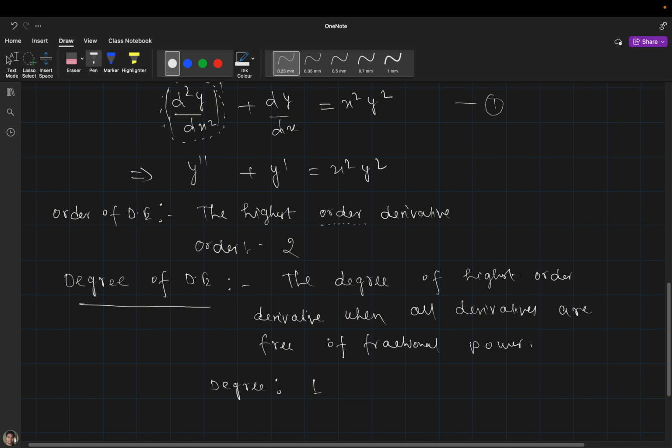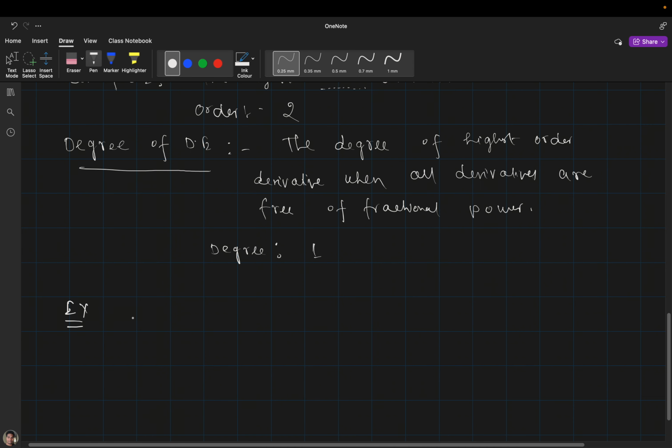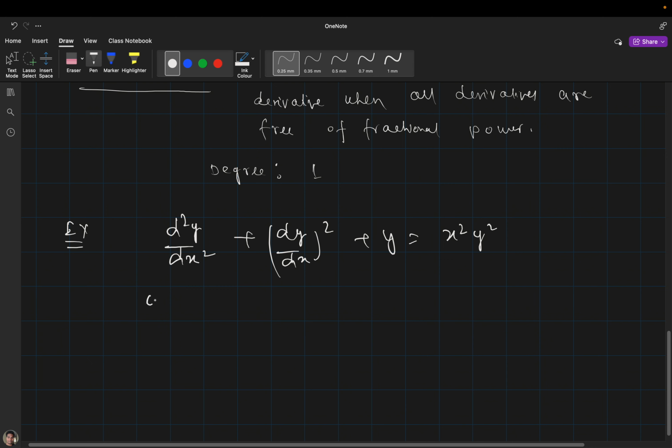Okay, so now let's take another example. Can someone tell me what will be the order of the differential equation and what is the degree? What will be the order of this differential equation? Tell me. 2. Order will be 2. What is the degree? 1. Okay.